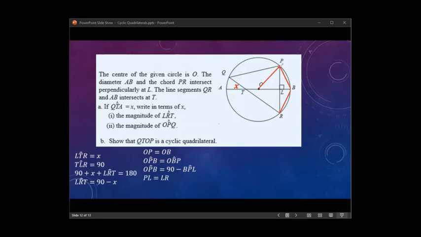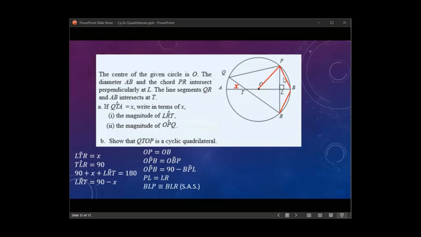That means this is a chord and this is a normal drawn from the center point to this chord. Theorems regarding the circle say that any normal drawn from the center point to a chord bisects the chord, so that PL is equal to LR. So that line is okay.